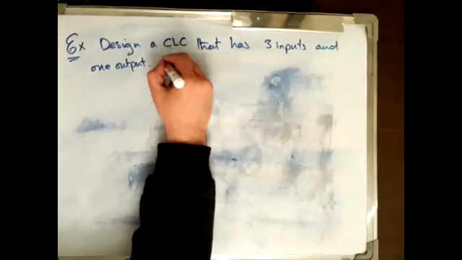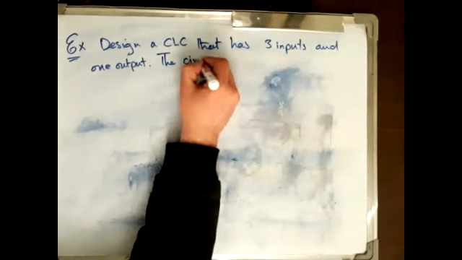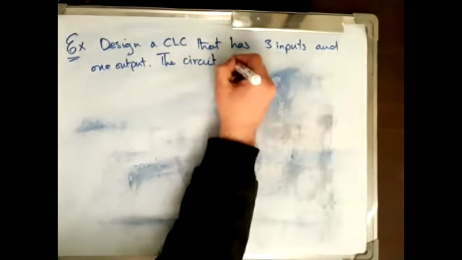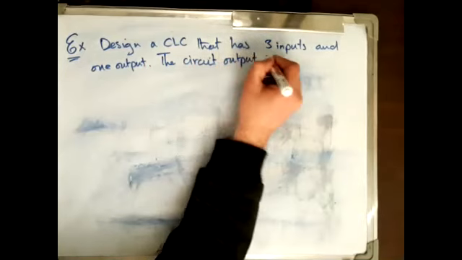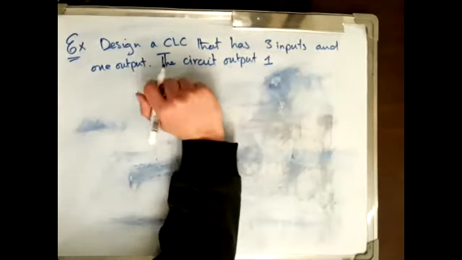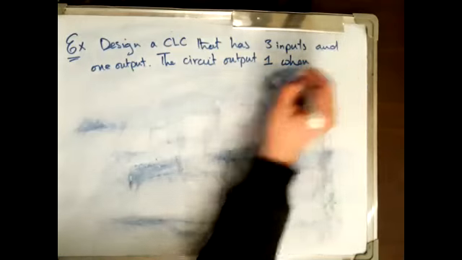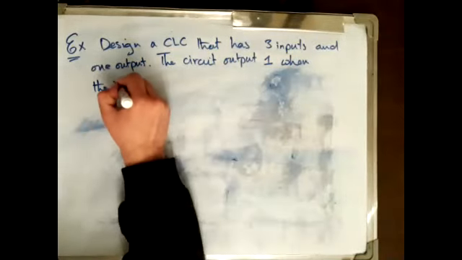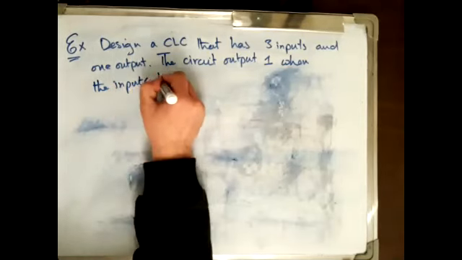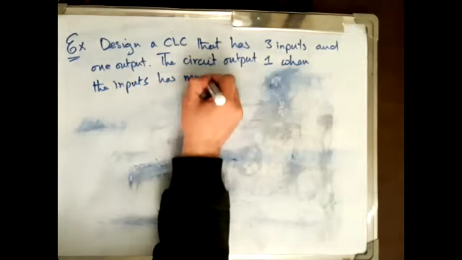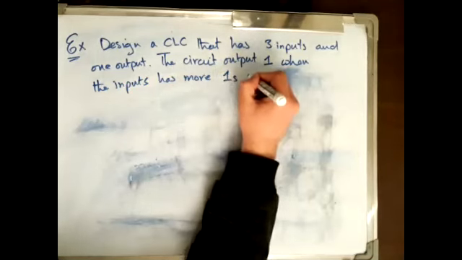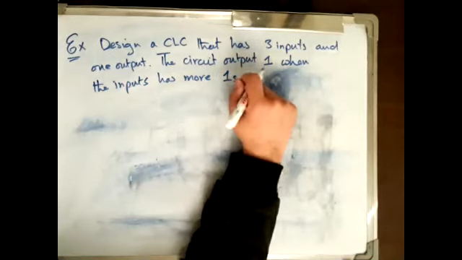The circuit outputs 1 when the inputs have more ones than zeros.